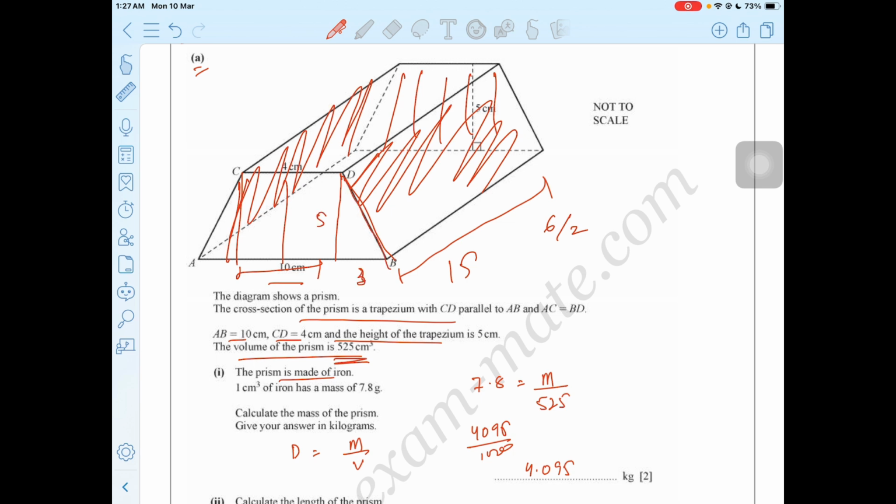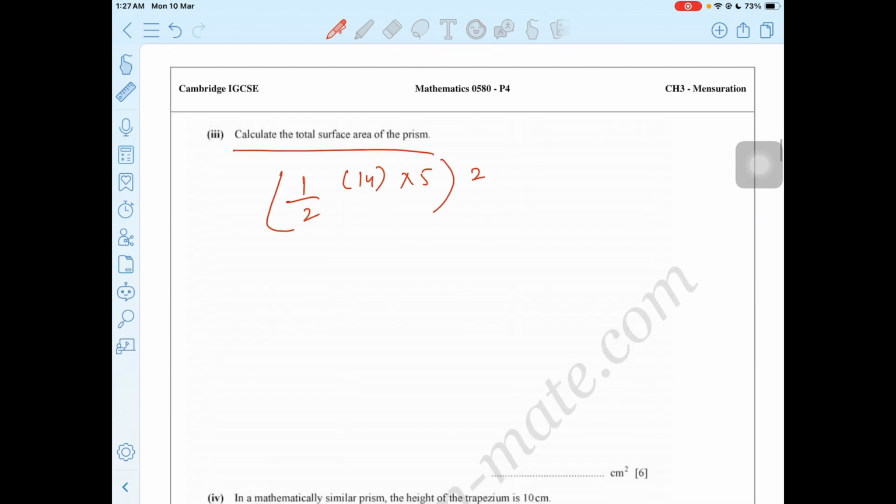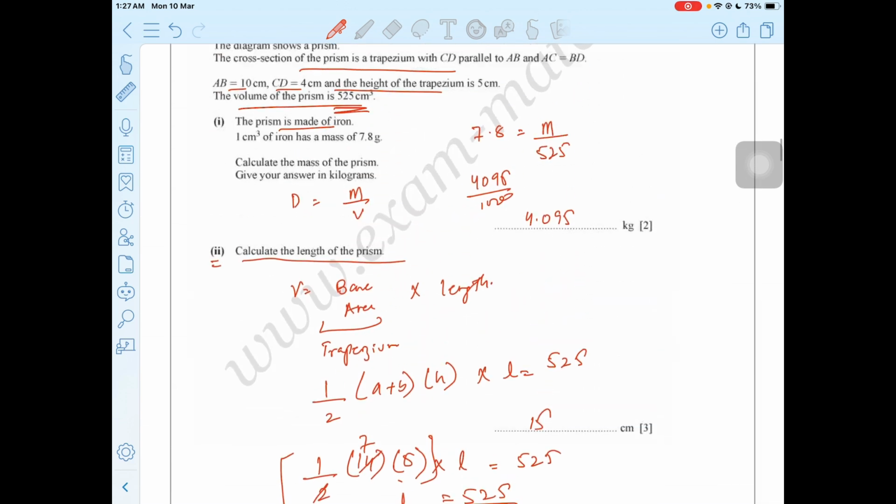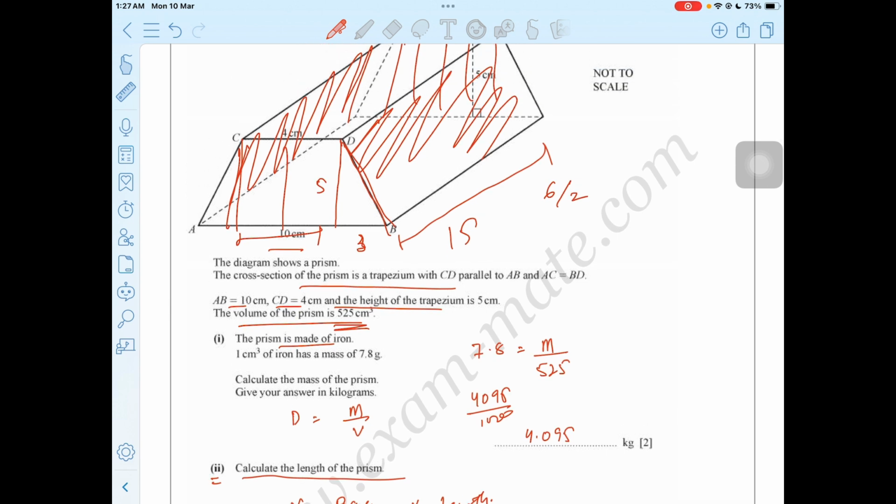We need to calculate this. Use the Pythagoras theorem, right? So this would be 5 squared plus 3 squared. So this would be root 34, right? We'll use this root 34 and then multiply it by 15, right?